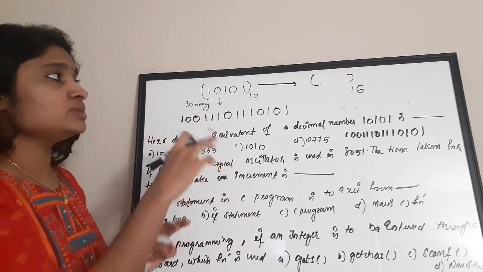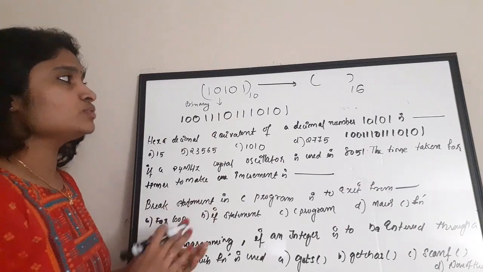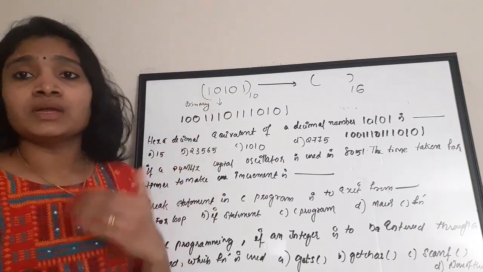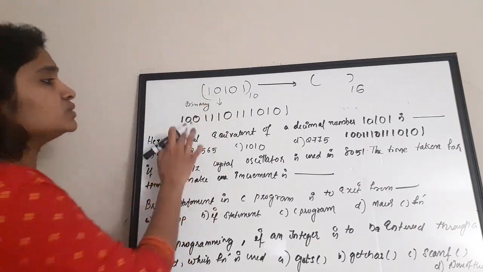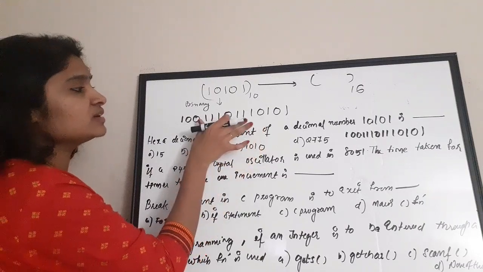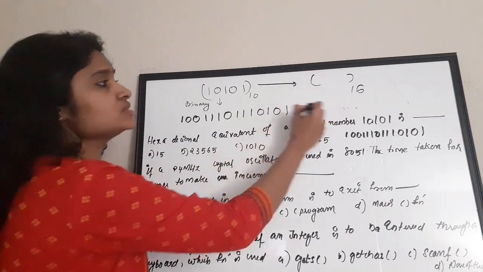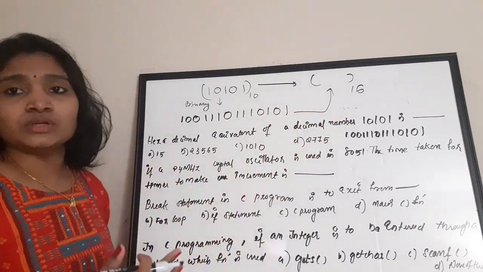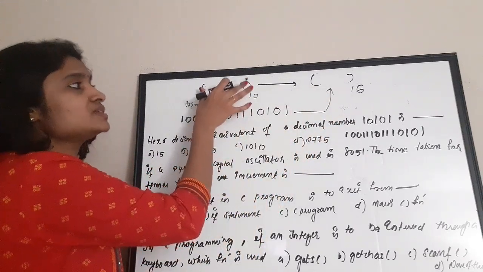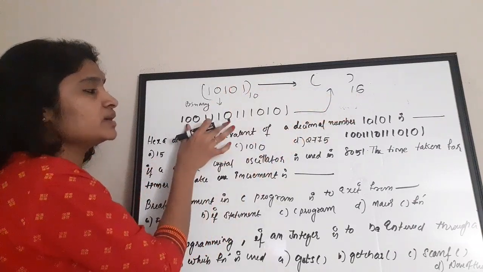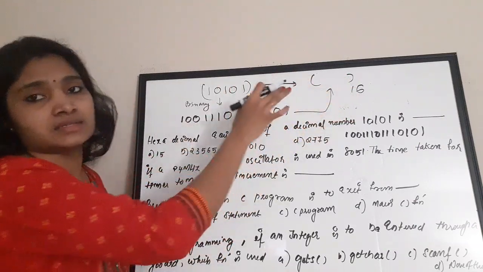You know how to convert a decimal number to binary. Now you need to convert this binary number to hex. So the steps to convert this decimal number to hex are: first convert it to binary, then from binary to hex.